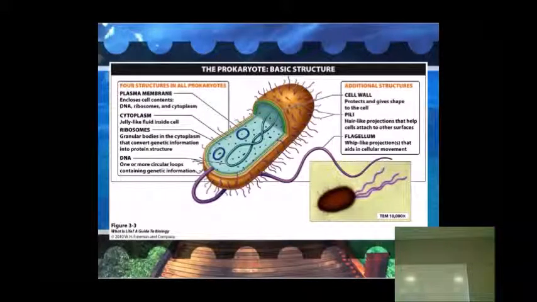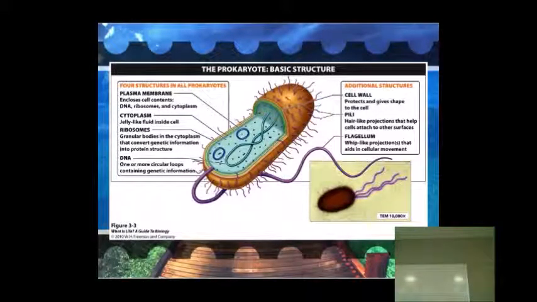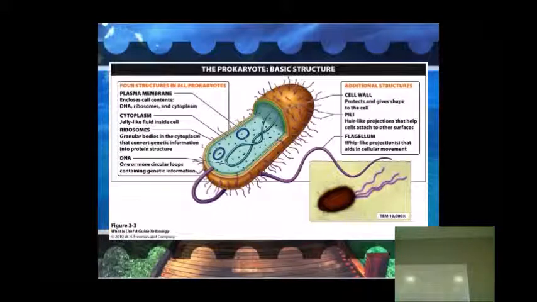Pili are hair-like projections. Basically, these are the ways that they communicate or stick together. Here you can see a bacteria that has a flagellum, and it also has the pili around the outside. The flagellum, same thing that a sperm has, basically whips back and forth to allow it to swim through whatever fluid it is. And these hair-like projections let them stick to surfaces or stick to each other.